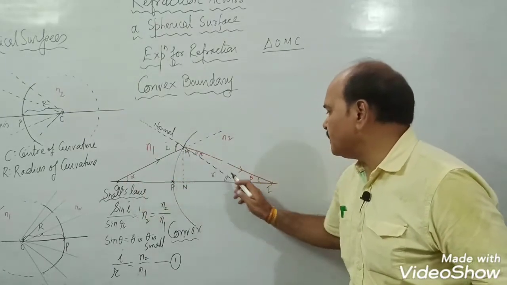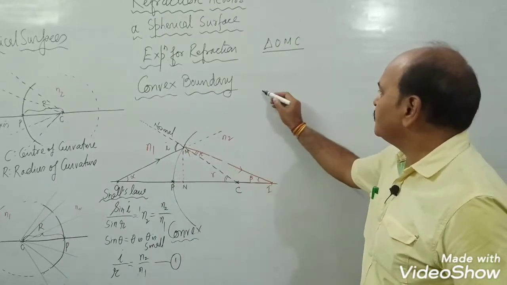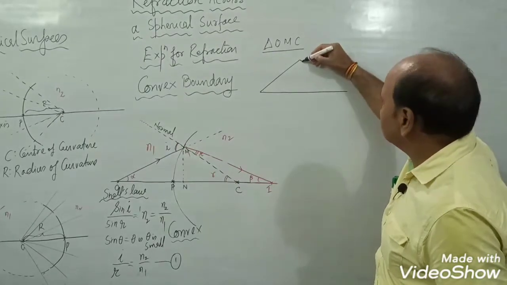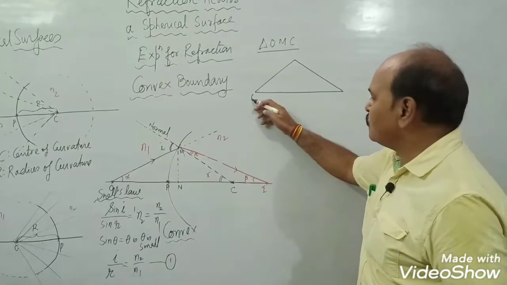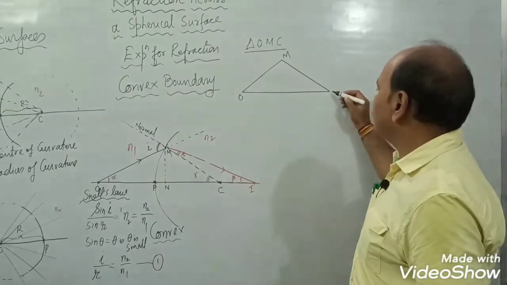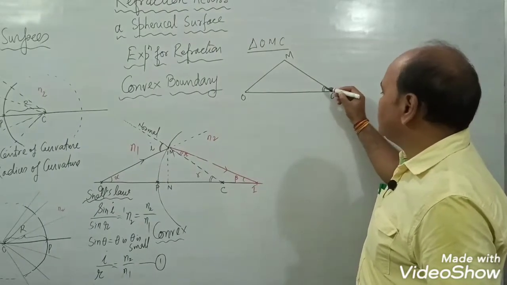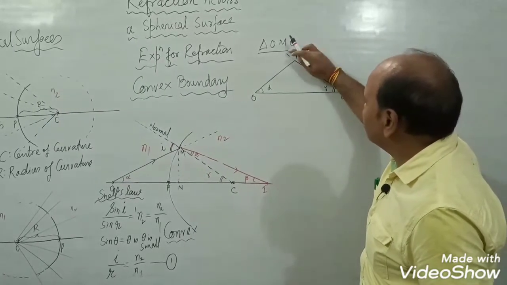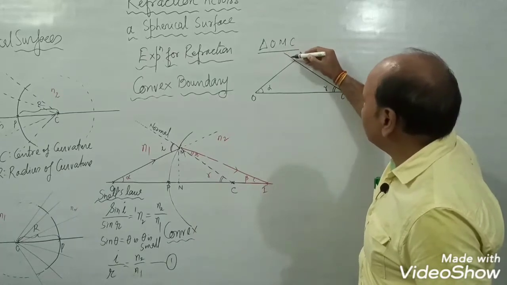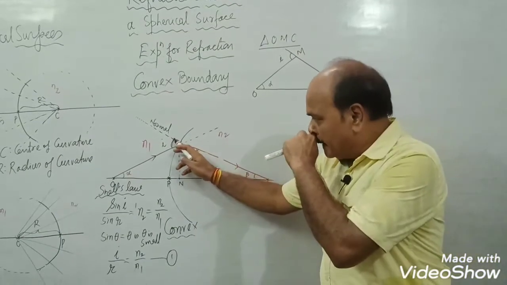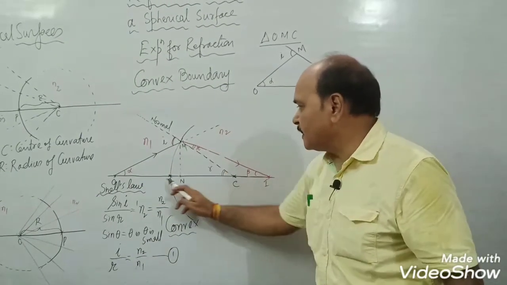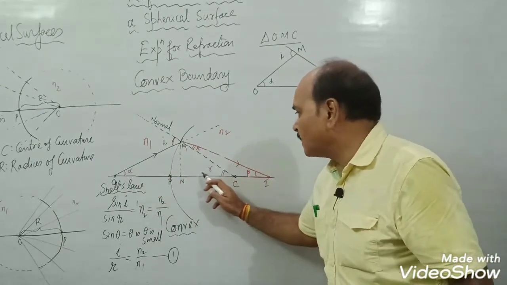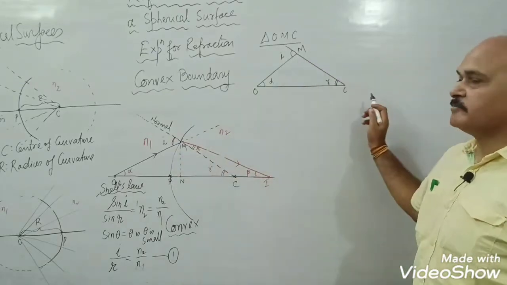This is O, this is M, and this is C. This angle is gamma, this angle is alpha, and this angle is marked as I. This triangle is selected from here, copied and pasted here.